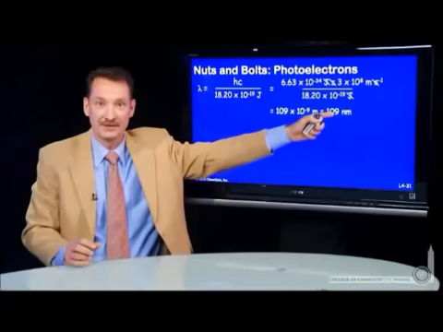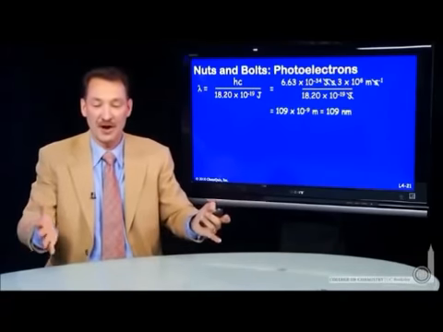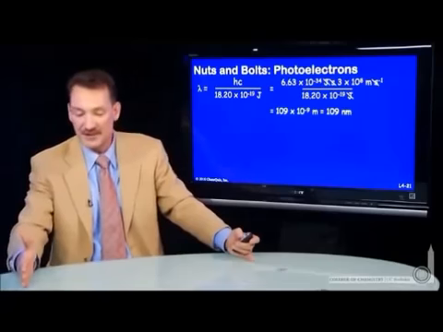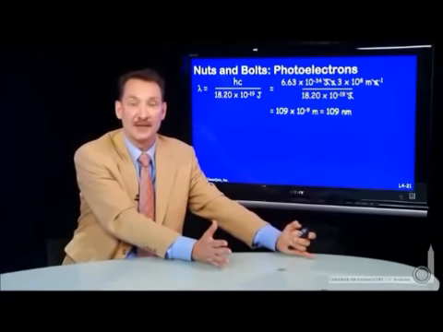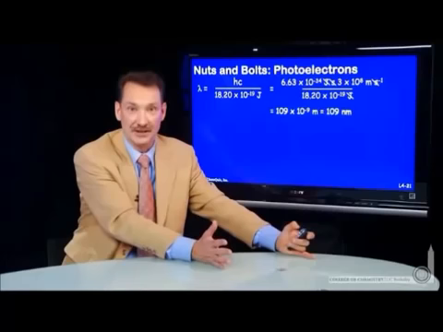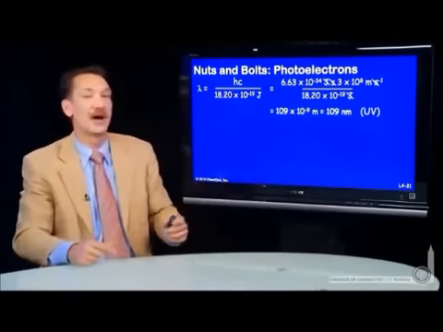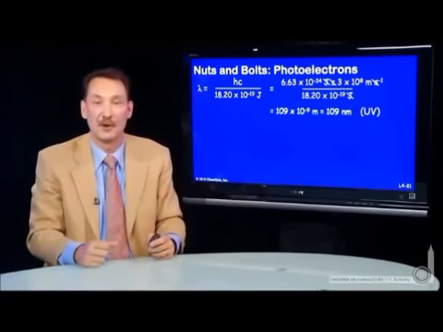That's a nanometer. 109 nanometers is, as we recall, in the UV, the ultraviolet region. We know visible went from 700 down to 400 nanometers. Below 400 nanometers, at higher energy, are the ultraviolet photons. So an ultraviolet photon is required to eject an electron from chromium metal.